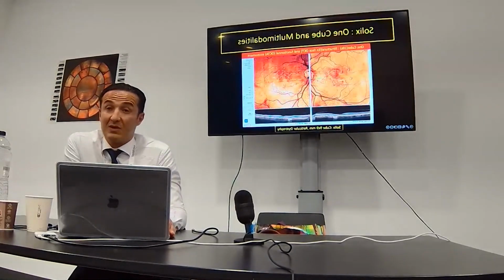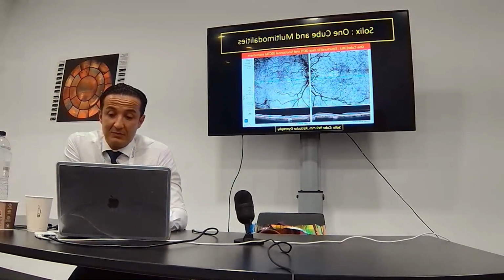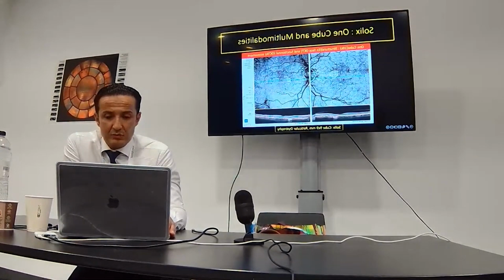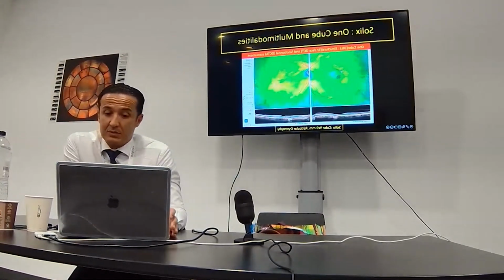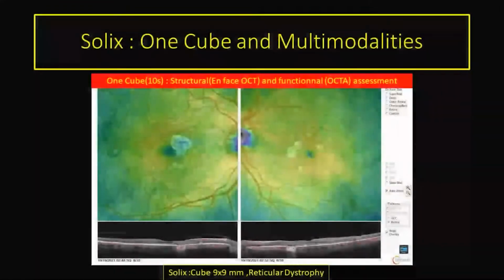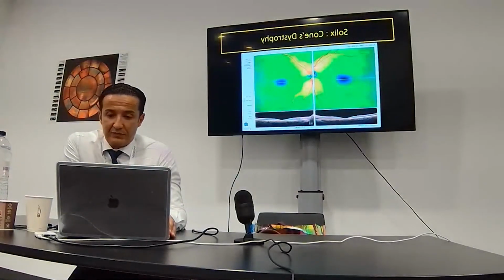And look here with the en-face OCT, you confirm the presence of reticular dystrophy. And the en-face OCT, we can see the area of atrophy with the same cube, and also the whole retinal thickness, and you can make your diagnosis with just one cube in a few seconds.